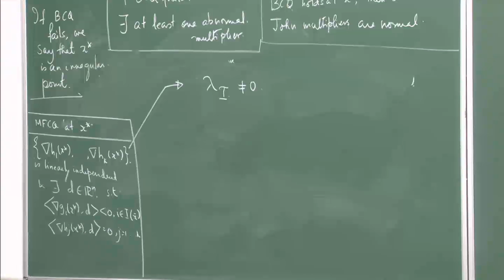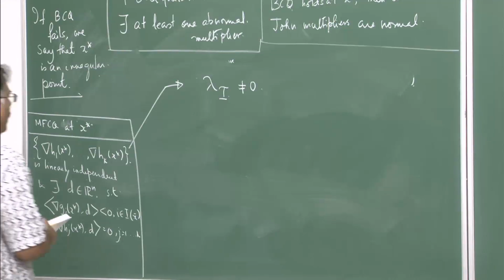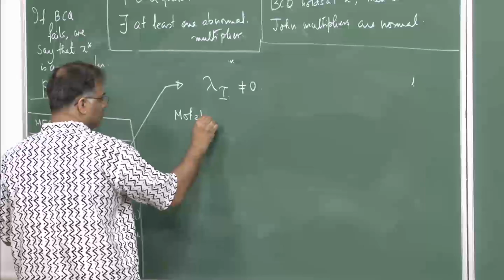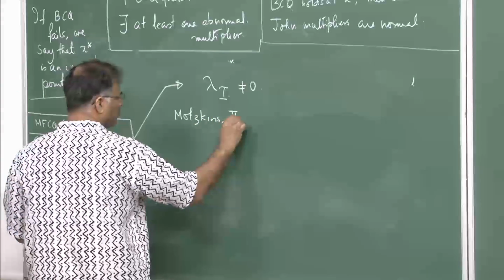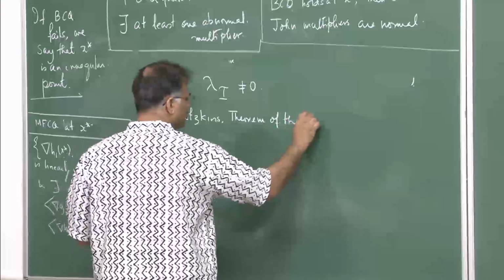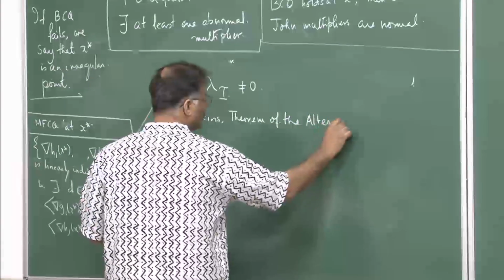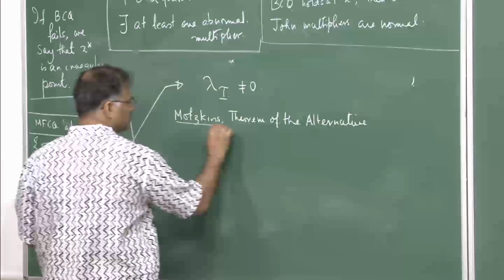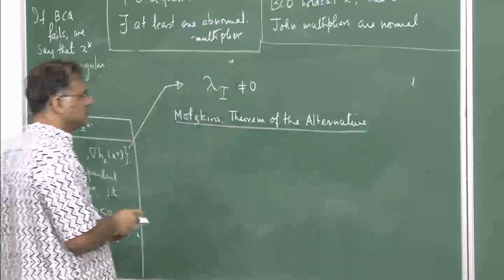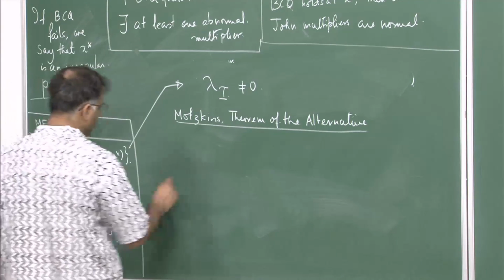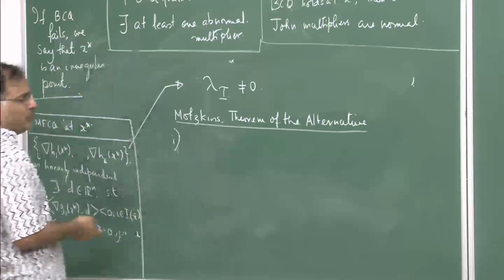That these two conditions come from Motzkin's theorem of the alternative. I am just writing down Motzkin's theorem. Now, in Motzkin's theorem of the alternative, there are two systems and both of them cannot have solutions at the same time.